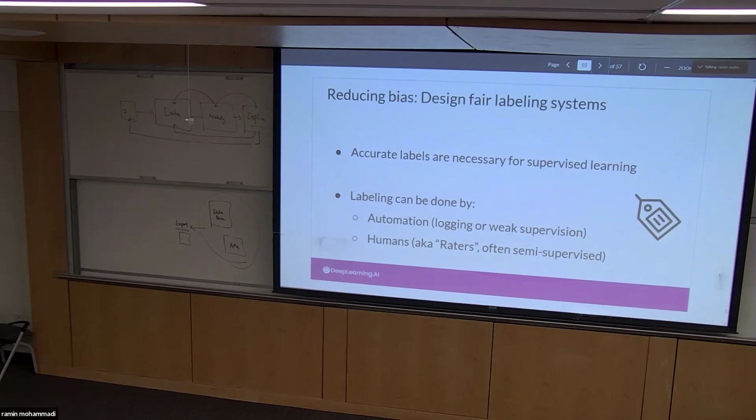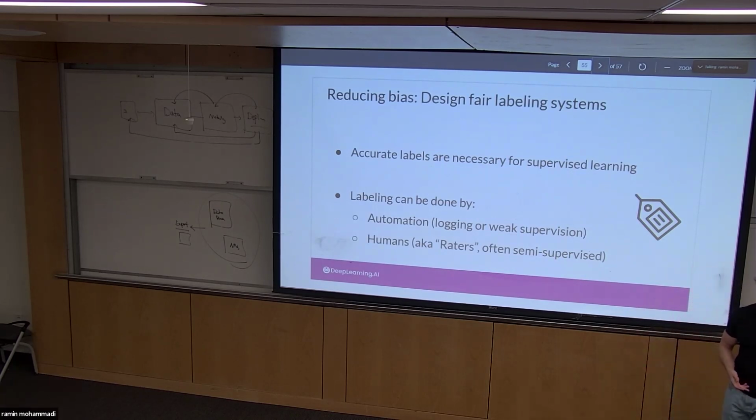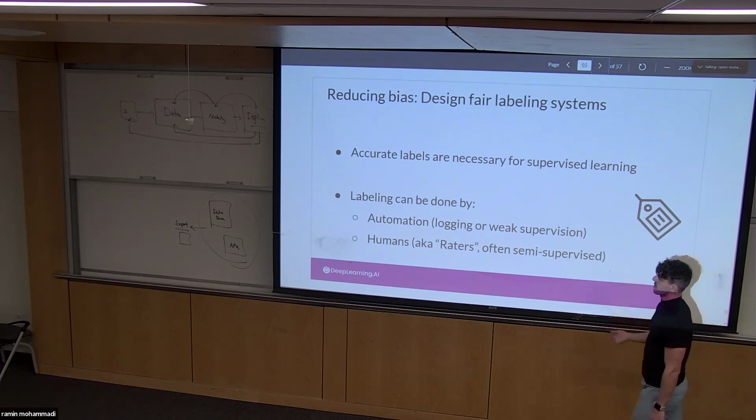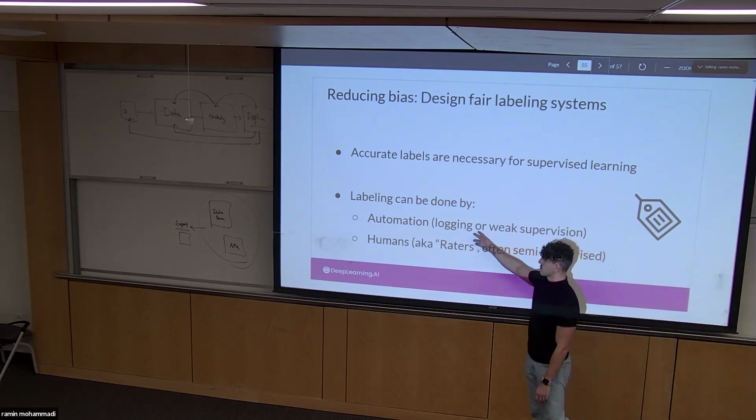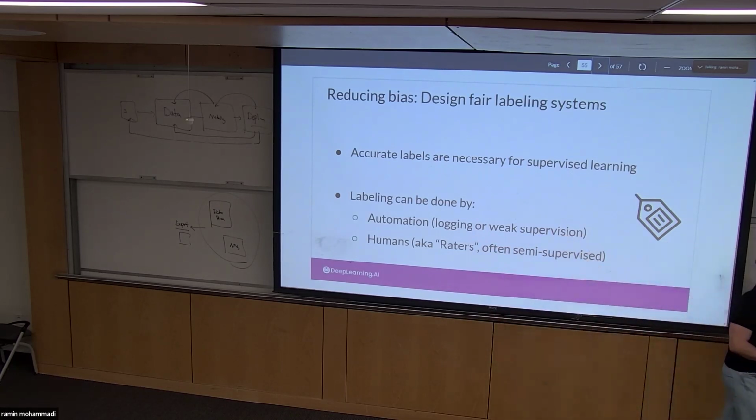For reducing bias and designing a fair labeling system, be sure that you account for different ways to improve the labeling. You can do the labeling by humans or by some automation. We will have a lab on weak supervision, and we already talked about raters, and we can talk a lot more about raters overall.